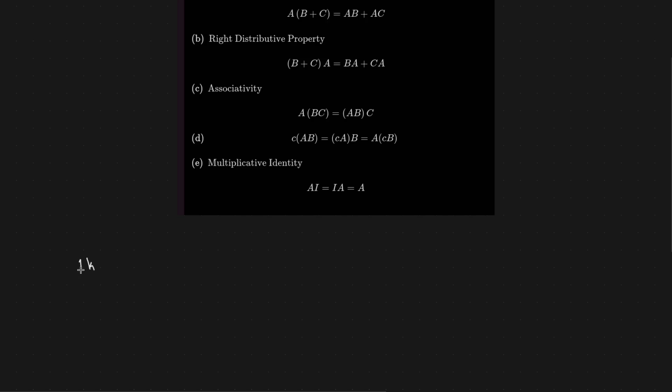Specifically, if I multiply by 1, I just get the same number back, right? If I have 1 times 17, I get 17 back. What we're saying is that we have that same property here with matrix multiplication, that if I multiply a matrix by this other mysterious matrix, this identity matrix, I get the same matrix back when I'm done.